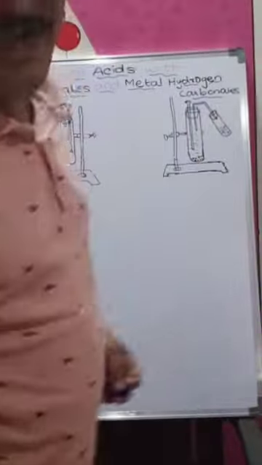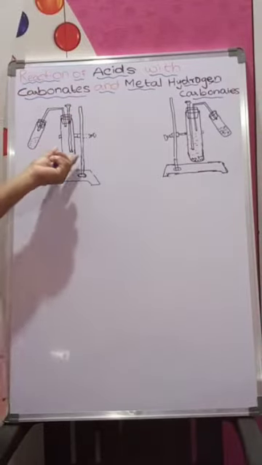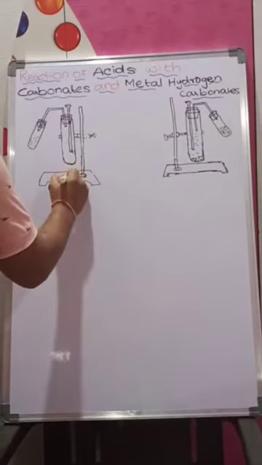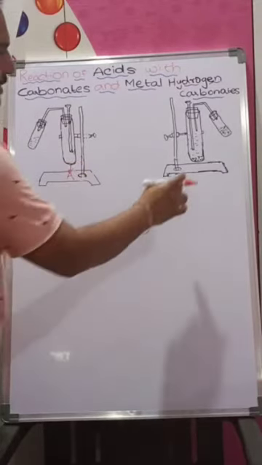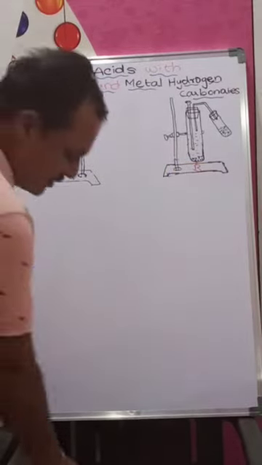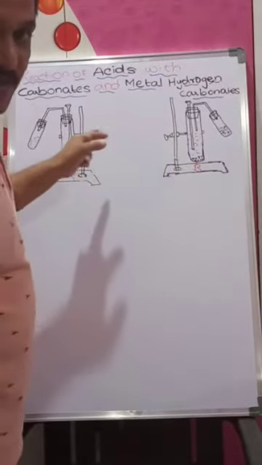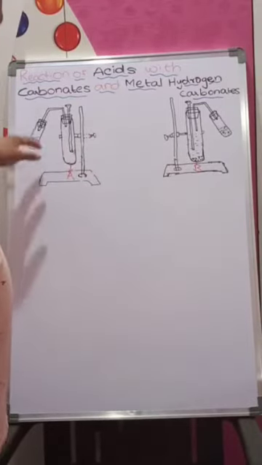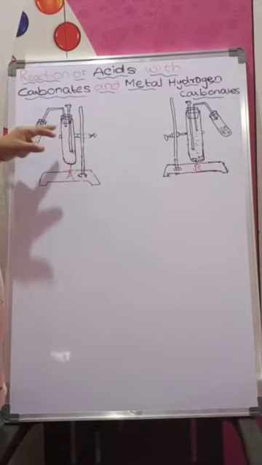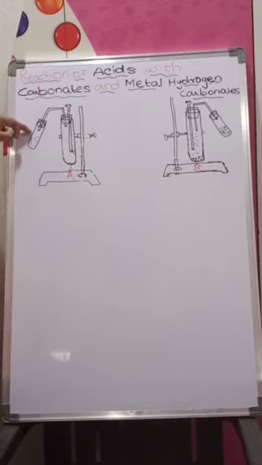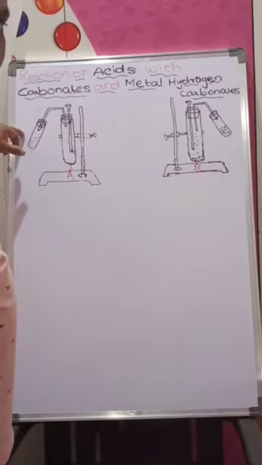For this simple activity we need two test tubes. Label this test tube as A, and this test tube as B. We also need some material: a delivery tube, a thistle funnel, and another test tube containing lime water.